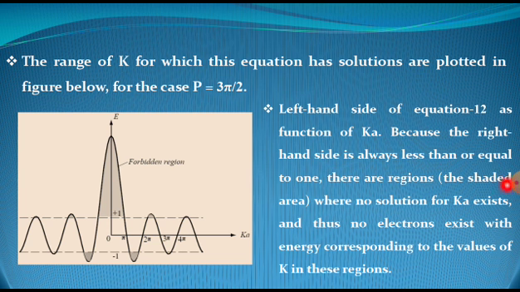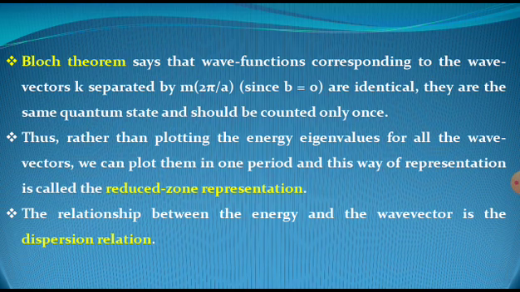There are regions, the shaded area, where no solutions for Ka exist, and thus no electron can exist with energy corresponding to the values of capital K in this region.